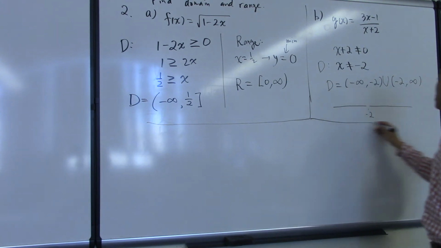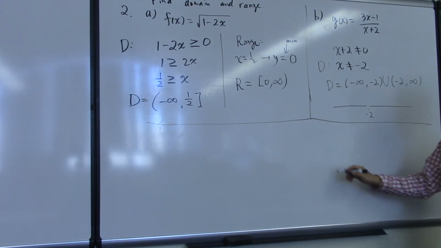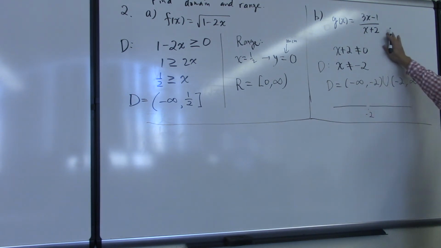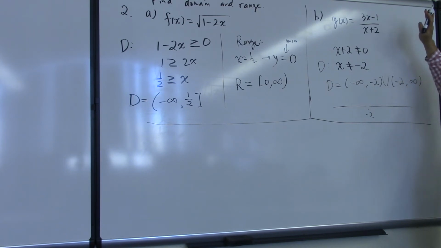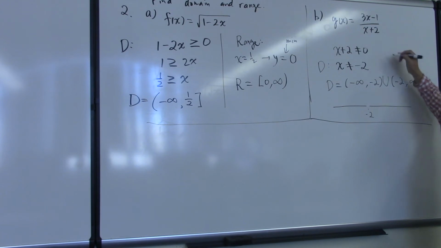you need to know the graph of this thing. There are many ways to graph this. You can find the vertical asymptote, horizontal asymptote, the x-intercept, y-intercept. You can find all those things. Let me skip a little bit.